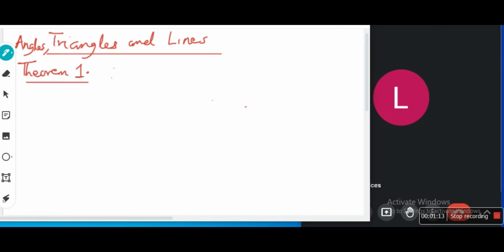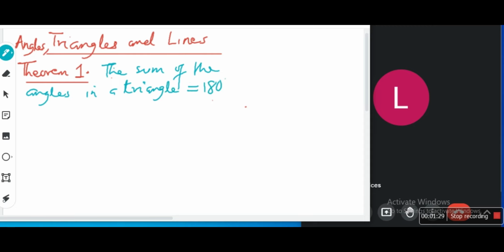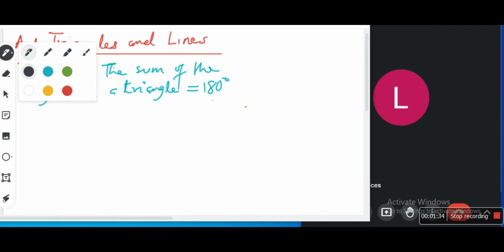The sum of the angles in a triangle is equal to 180 degrees. The sum of the angles in a triangle is equal to 180 degrees. This is what I mean.